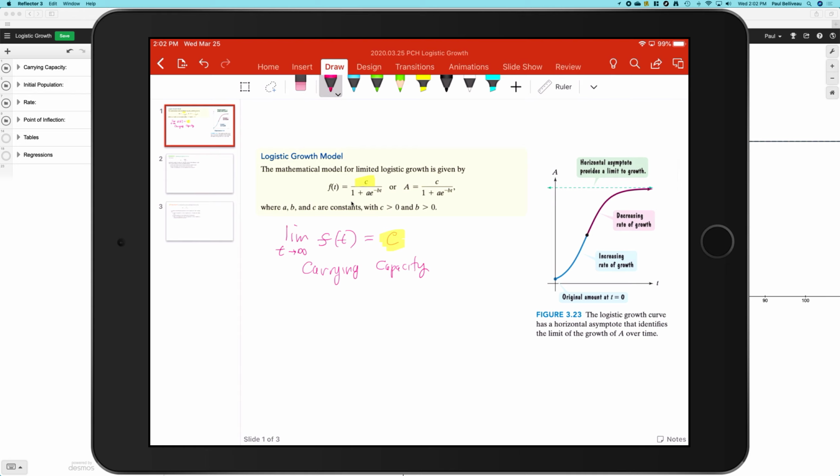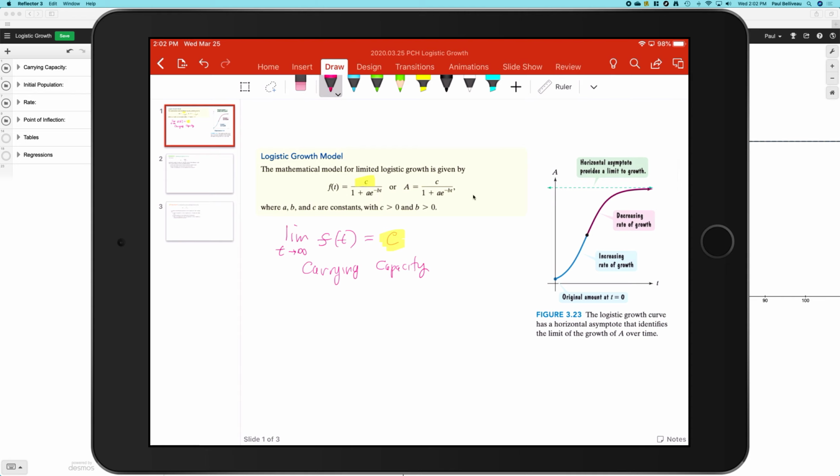That's the only thing that's left. We'll talk more about how limits have that effect. So we have the carrying capacity, and A, B, and C are constants. And we'll talk a little bit more about what they mean. This B here is kind of like your K in y equals C e to the kt.